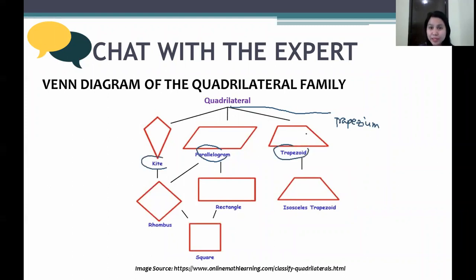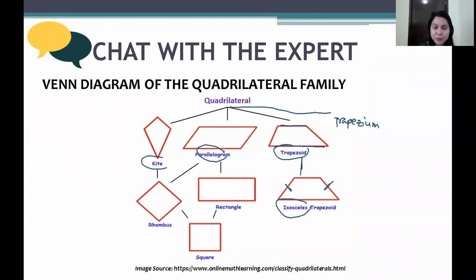It's a trapezoid if it only has 1 pair of parallel sides and the other pair is non-parallel. Its special type is the isosceles trapezoid. Remember an isosceles? It has 2 equal sides. So the legs are equal.